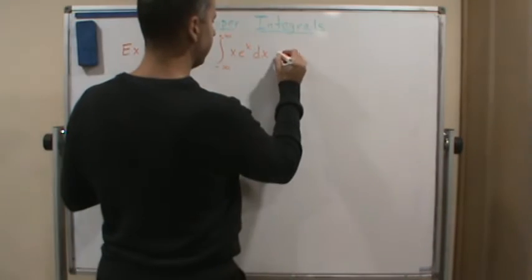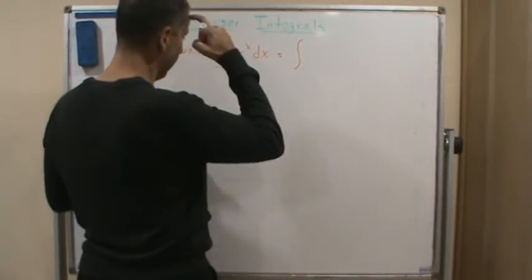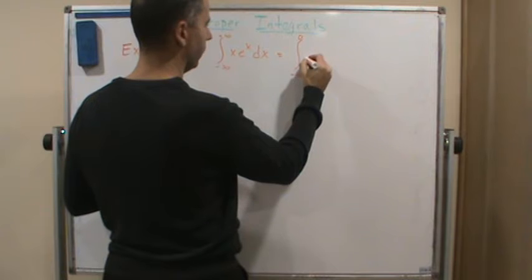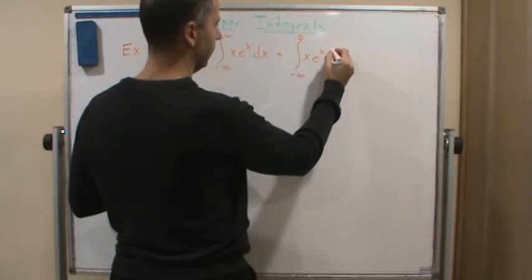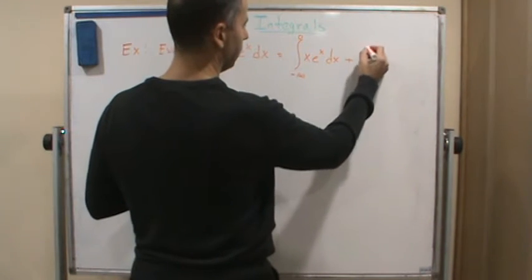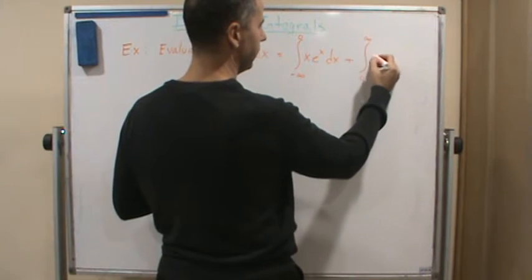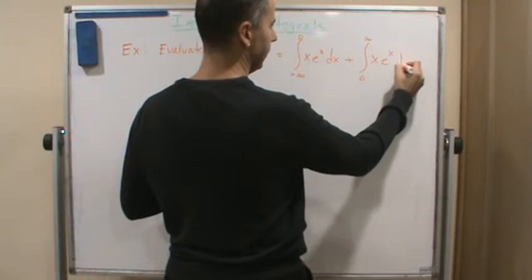I'm going to rewrite this as one integral going from negative infinity to 0 of x e to the x dx, plus another improper integral from 0 to positive infinity of x e to the x dx.